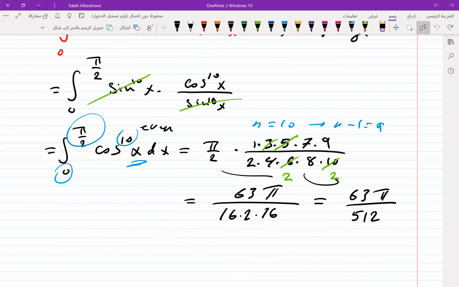So this is the value of this integration of cosine to power 10.